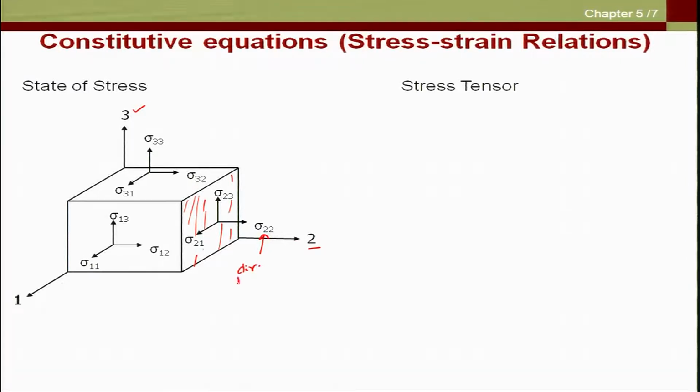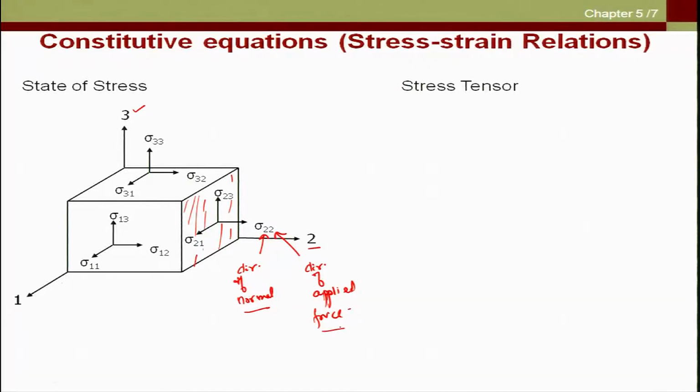This is the direction of normal, and the second index is the direction of applied force. Because stress is force divided by area, I am applying force in a particular direction on a particular plane. So, the first index tells the direction of the plane and the second index tells the direction of the force.